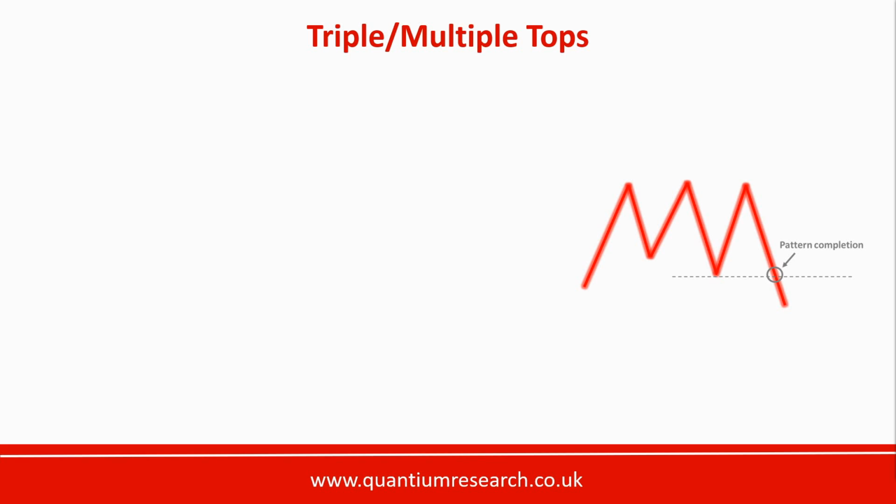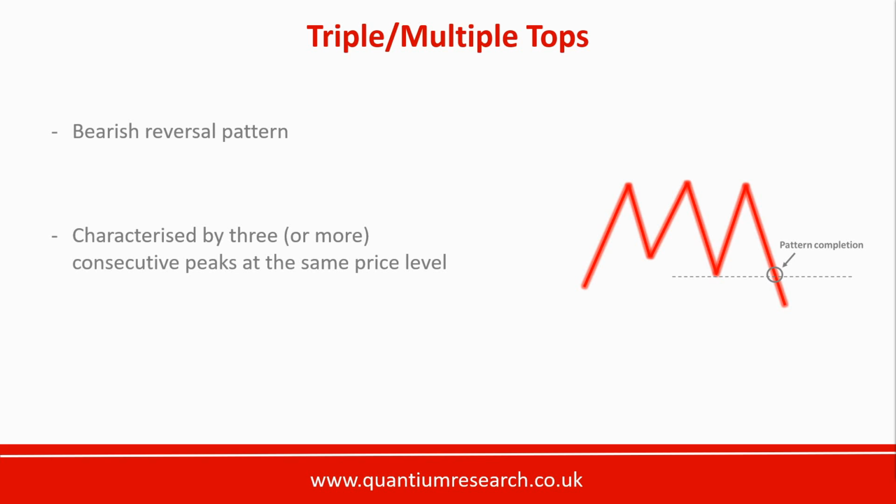So let's begin. Triple and multiple tops are bearish reversal patterns, so they are ones that you would expect to break to the downside. They're very similar to double tops, except they have 3 or more peaks instead of just 2. The peaks have to form at roughly the same price level.